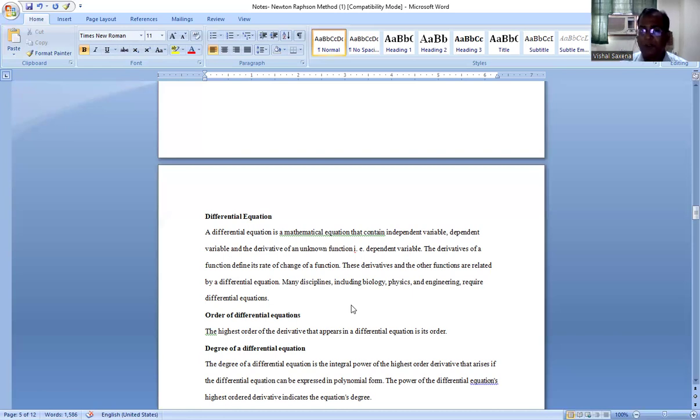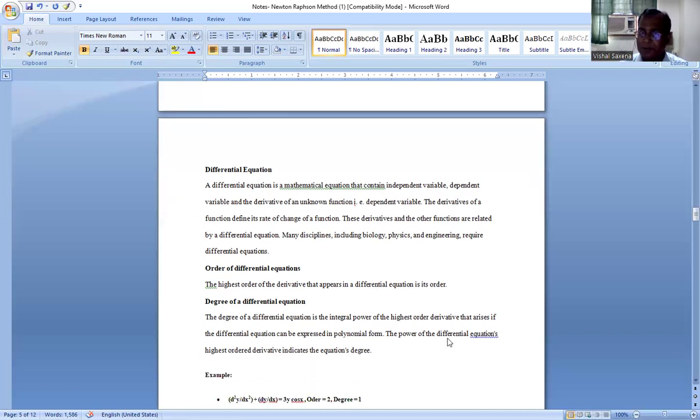Now, what is the meaning of the degree of a differential equation? The degree of a differential equation is the integral part of the highest order derivative's power, if the differential equation can be expressed in polynomial form. So if the equation can be expressed in polynomial form, then the degree of the highest order derivative present in the differential equation is the degree of the differential equation.